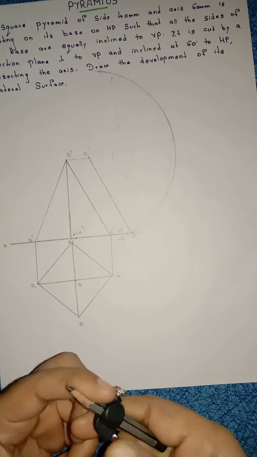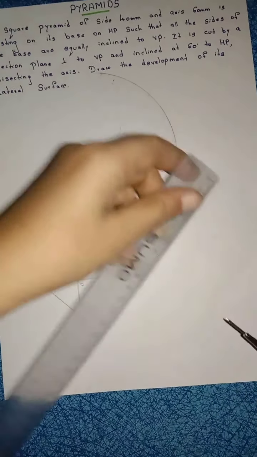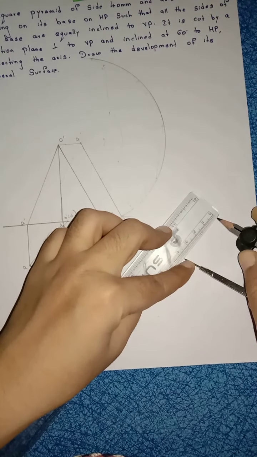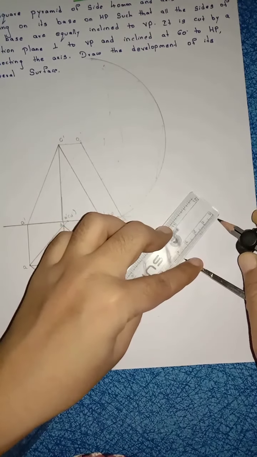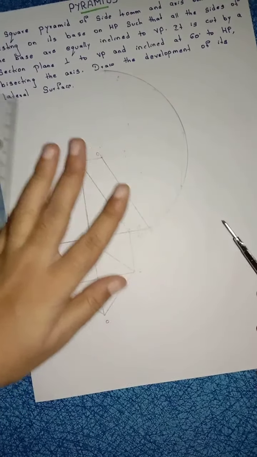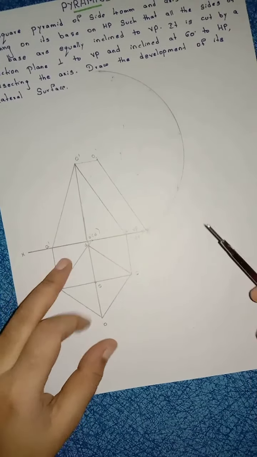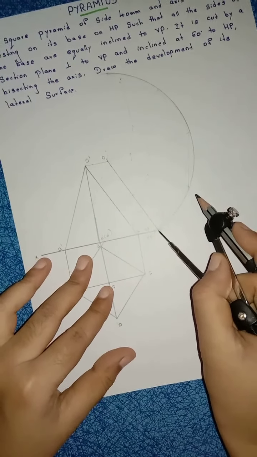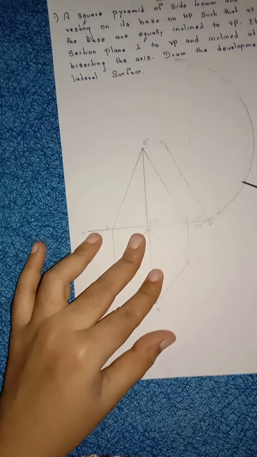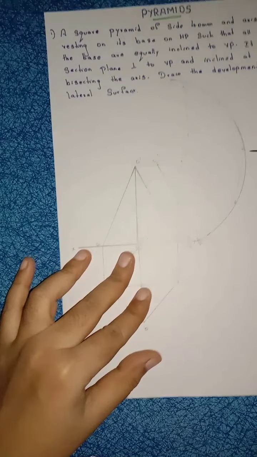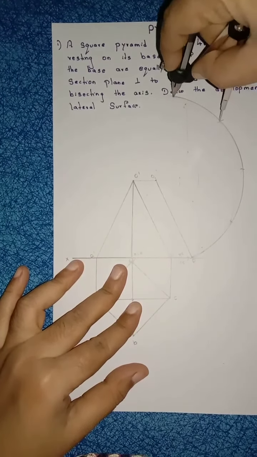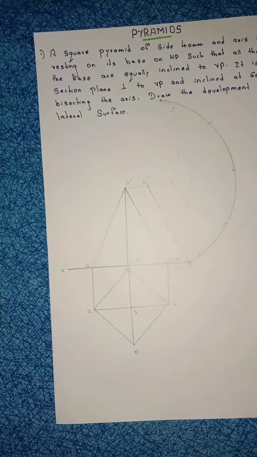Now length of the square is how much? 40 mm, right? Take 40 mm length with compass. Divide this arc into 4 equal parts because square has 4 sides. Place your compass at point A, right? Draw the first arc, second arc, third one, and here fourth one, right?